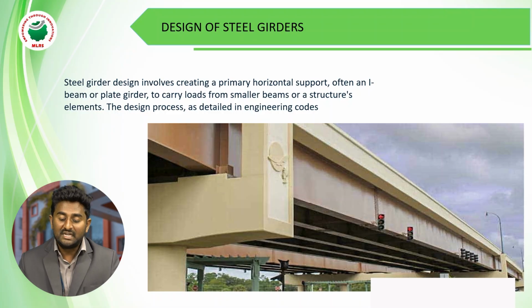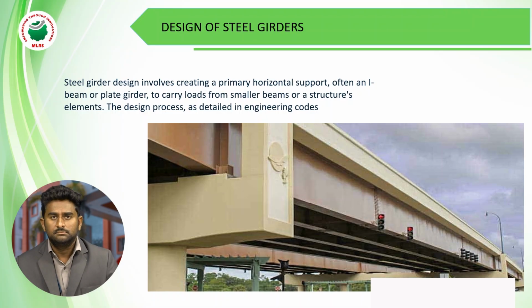Next, coming to the design of steel girders. A steel girder is nothing but a beam. It is a large type of beam, an I-shaped girder. It is provided for large, heavy, large-span structures that have to bear heavy loads.